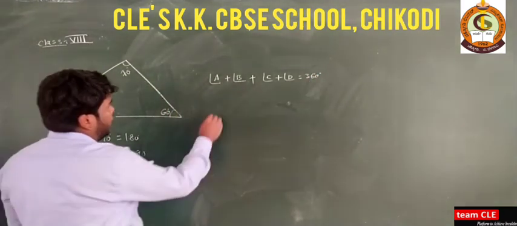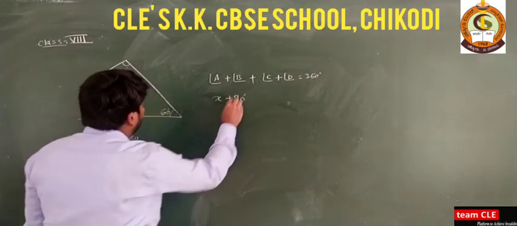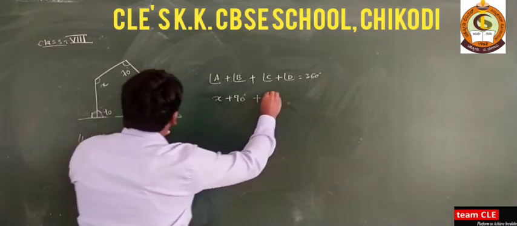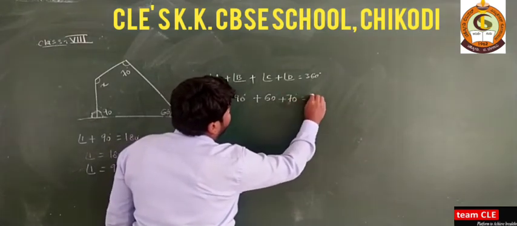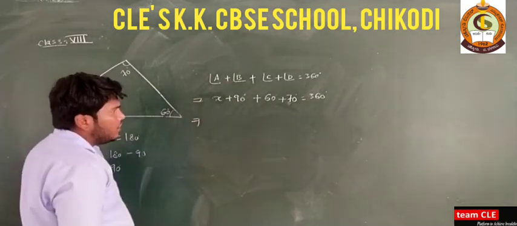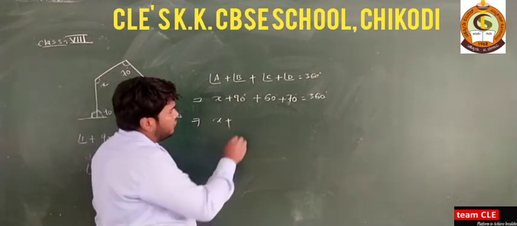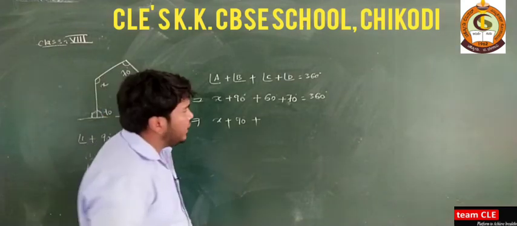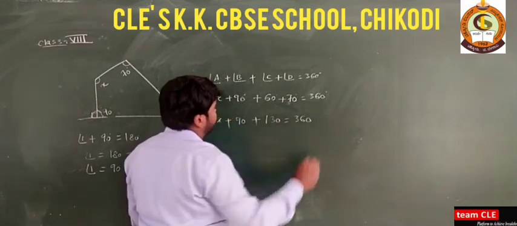I will choose angle A as x plus 90, so x plus 90 plus 60 plus 70 is equal to 360. Now x plus 90 I will keep as it is, plus 60 plus 70, which is 130, equals 360 degrees.